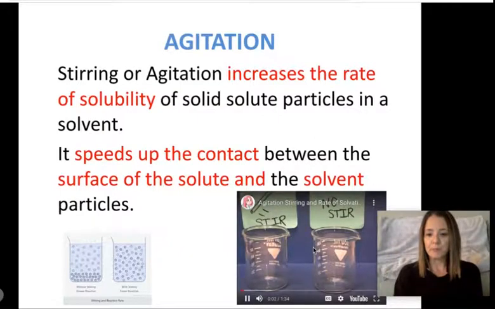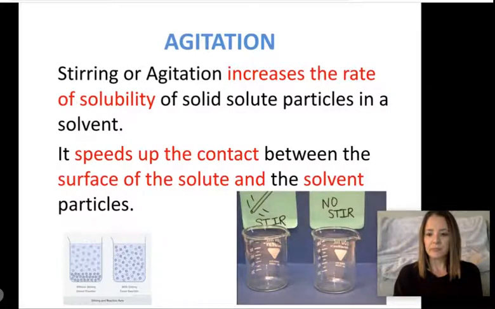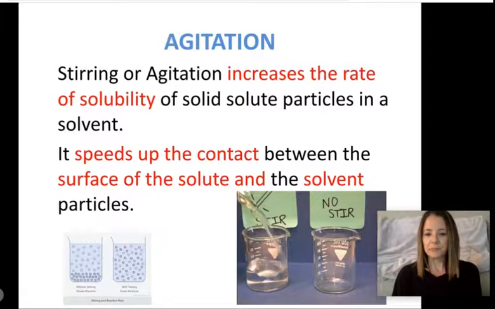So now we're going to see the effect of agitation or stirring on the rate of solution formation. So to start out, I'm going to add 100 milliliters of water to each of our beakers.